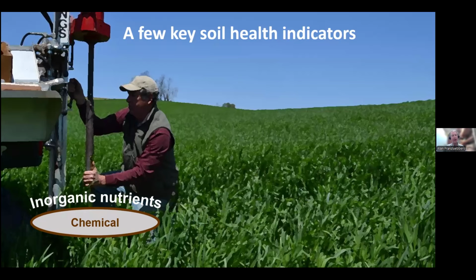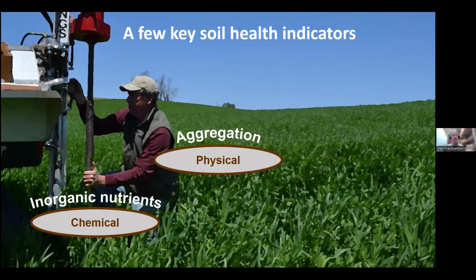So we have had for several decades the inorganic nutrients being measured in our soil testing labs. So state soil testing labs have provided that service. Commercial labs do that, and we should continue to have those chemical nutrients being determined. We can see the physical attributes of soil, and unfortunately we don't have a whole lot of soil testing for that.